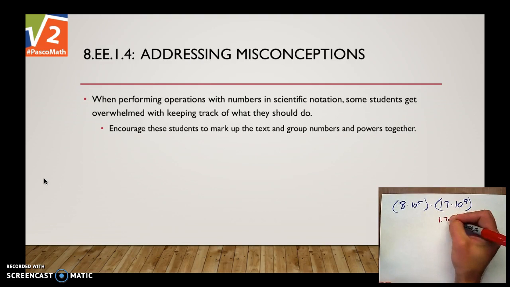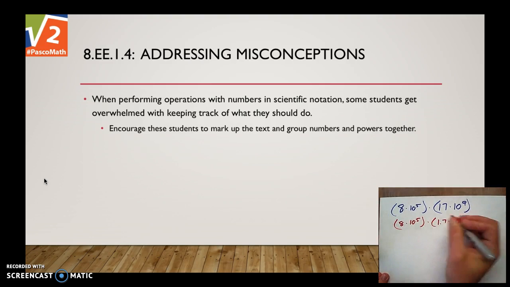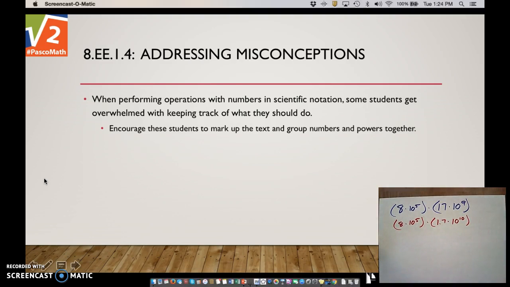So 1 and 7/10 works, but if we do that, we need to increase the power by 1. Now that number is written in scientific notation, so those two numbers are equivalent. Now I have 8 times 10 to the 5th multiplied by 1 and 7/10 times 10 to the 10th.